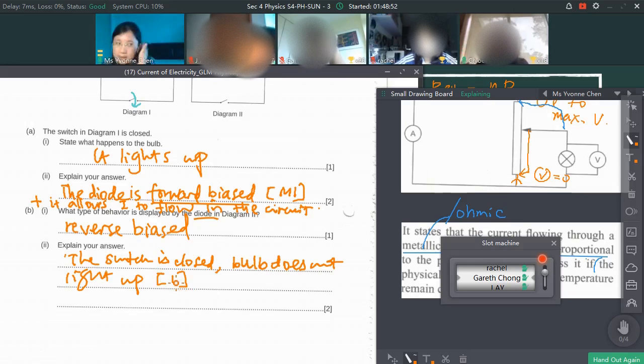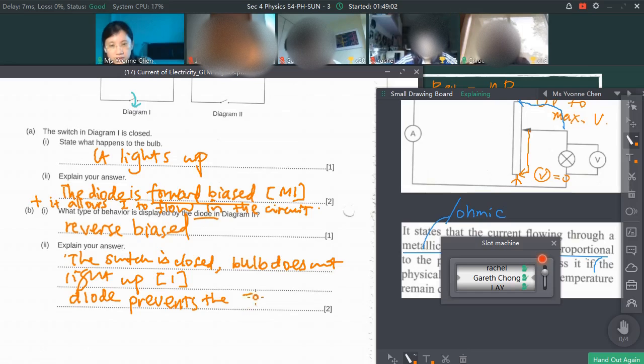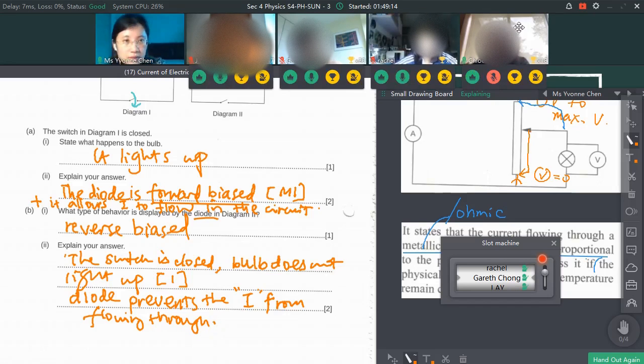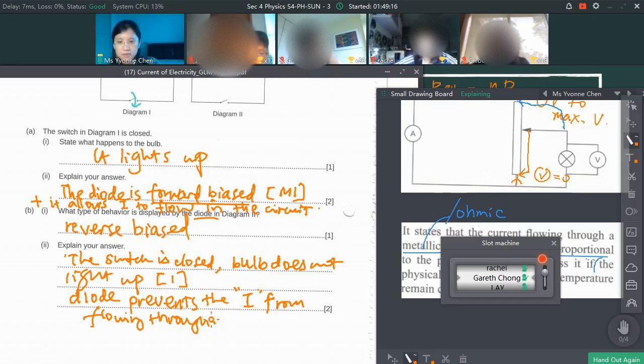And the second mark is because the diode prevents the current, just use I, current, from flowing through. Okay, that's all. This is the second mark.